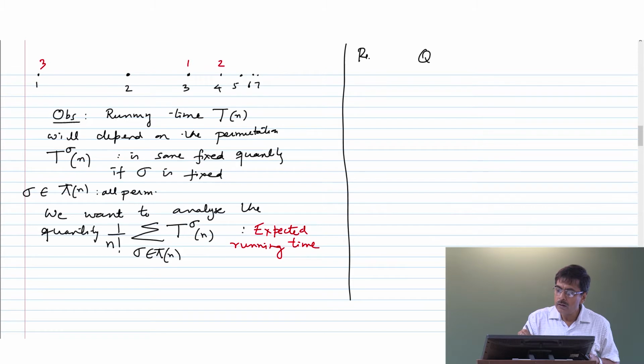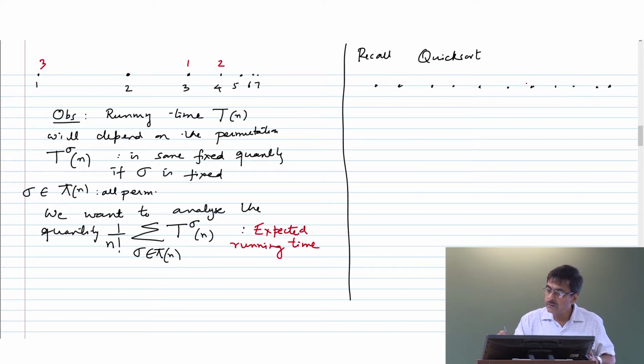So recall quicksort. Quicksort can be thought of also as, I have these points to be sorted. Of course, I don't know the ordering. What I do is I first find a pivot.